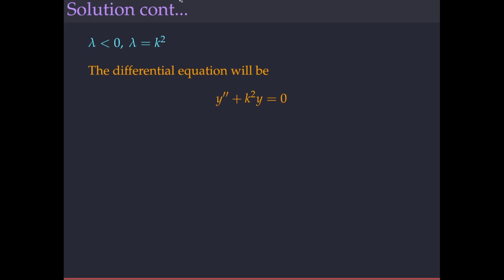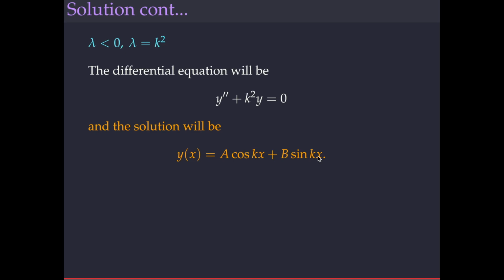The differential equation is y double prime plus k squared y equals 0, so m squared plus k squared equals 0. The roots are plus minus ki, which are complex, so the solution will be a cosine kx plus b sine kx.